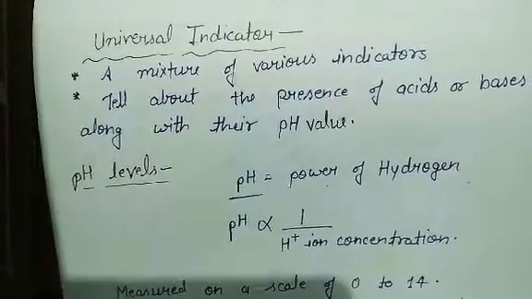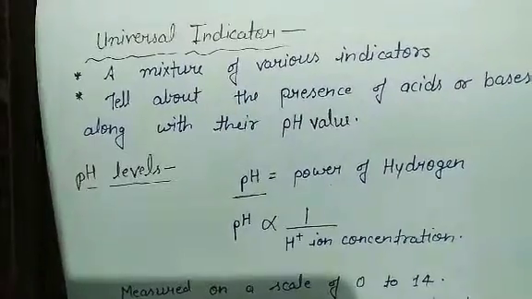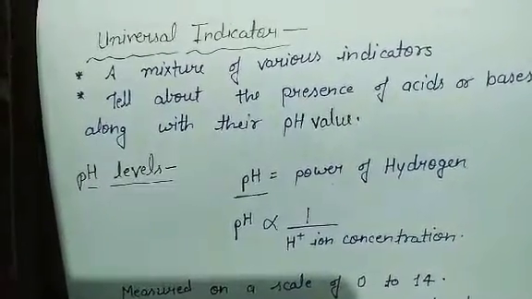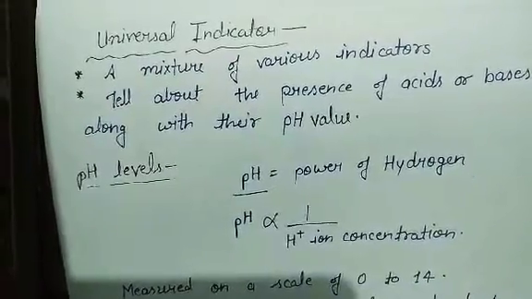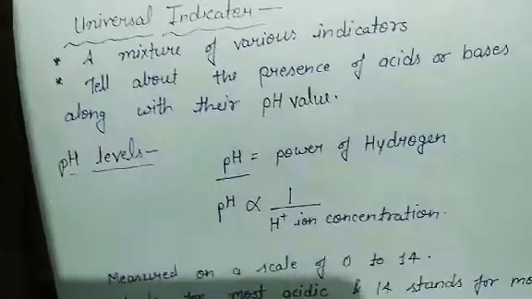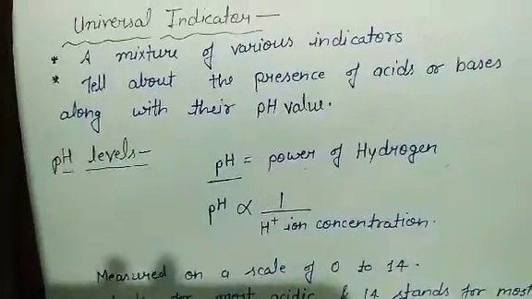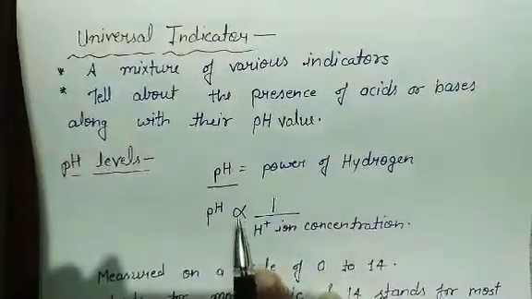As a result of that complete dissociation, you will have a very large number of hydrogen ions in it, and because of that, that acid will be very strong. So the pH value is inversely proportional to hydrogen ion concentration.